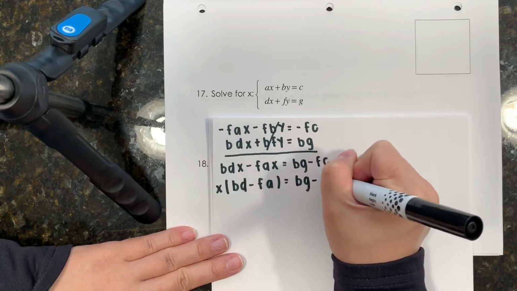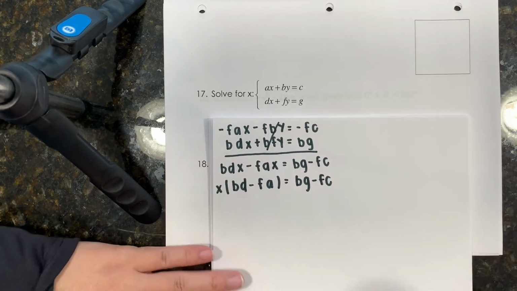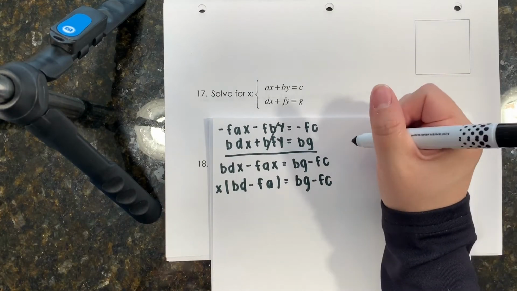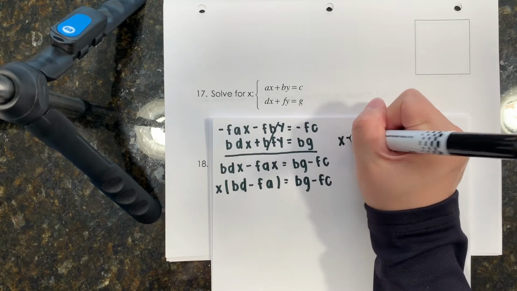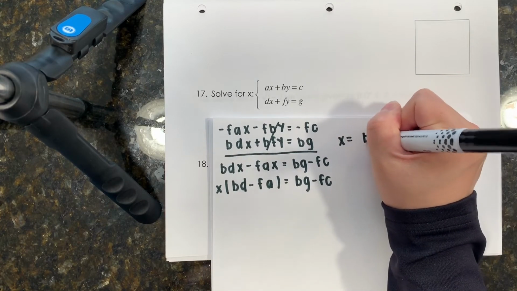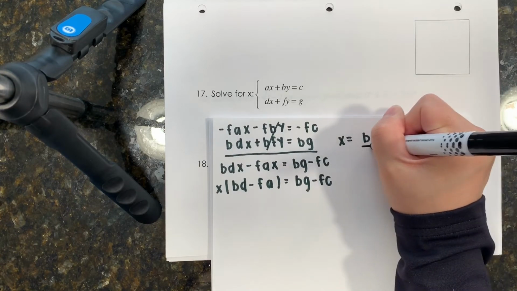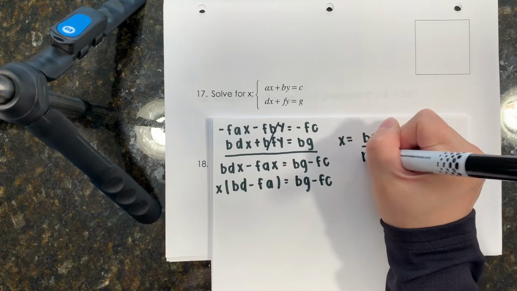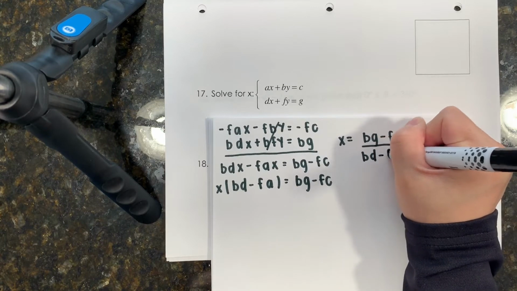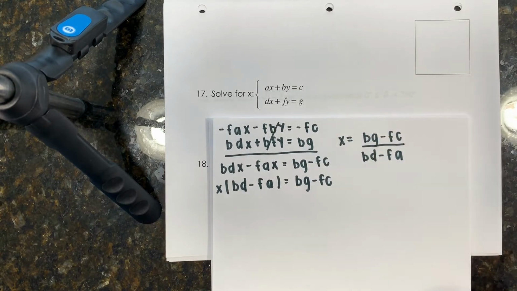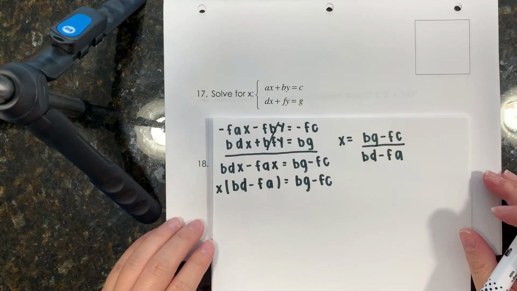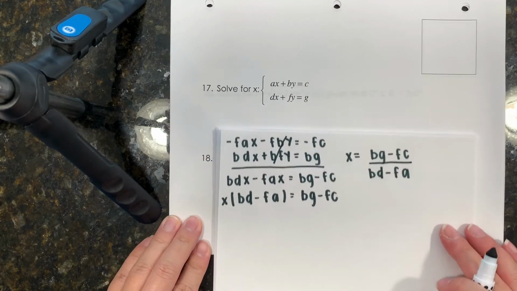Right side stays the same. And then when you solve for x, you're going to divide both sides by what's in parentheses. So x will be equal to bg minus fc over bd minus fa. So that would solve my equation for what x is equal to.